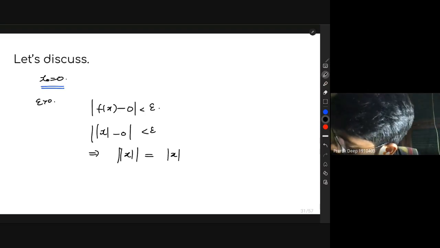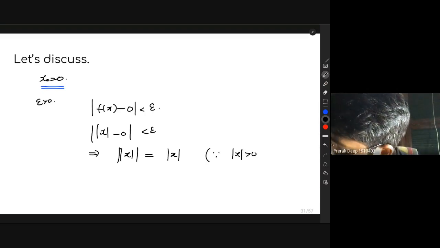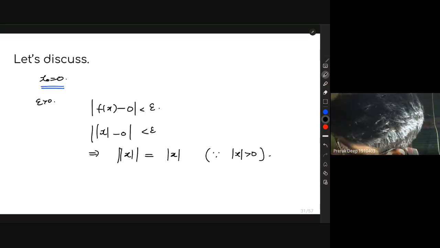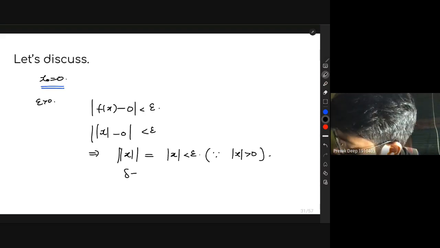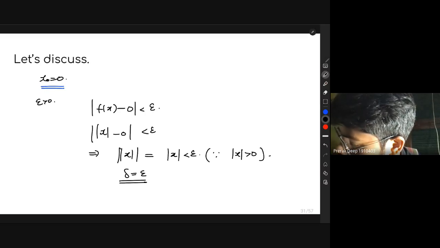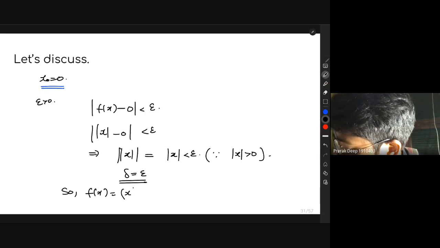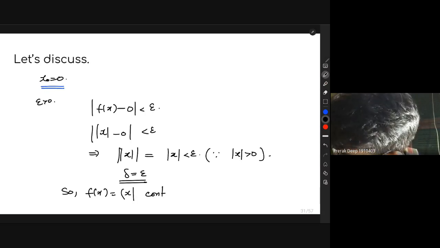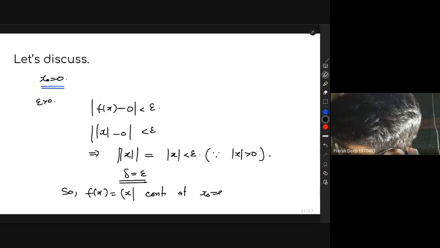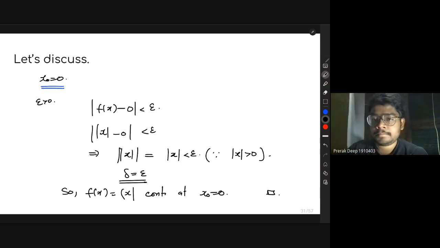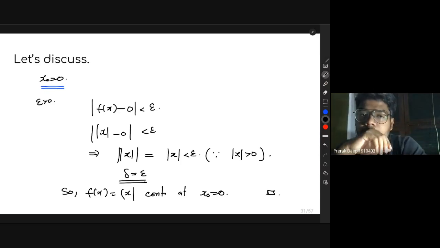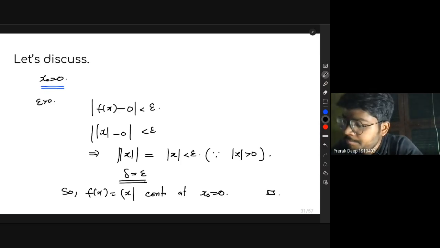So this thing is smaller than epsilon. Again, you take delta to be equal to epsilon. So your modulus function f(x) is continuous at x naught equal to 0. So this completes this case as well.